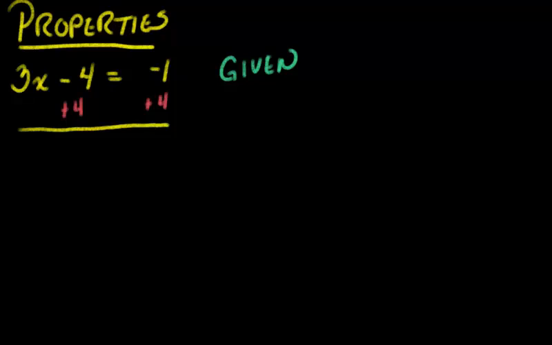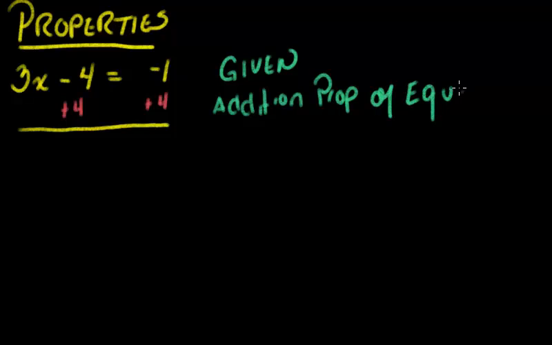When we add 4, this is our addition property of equality. So that's our first one.